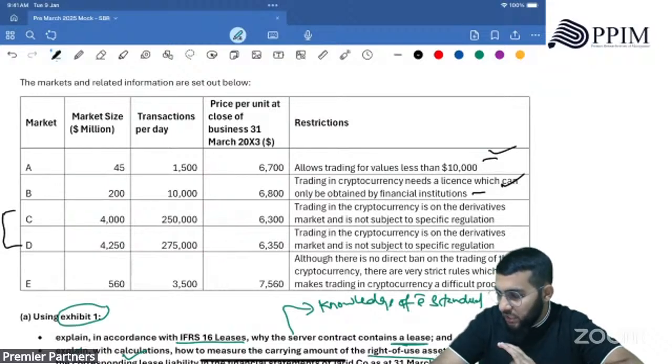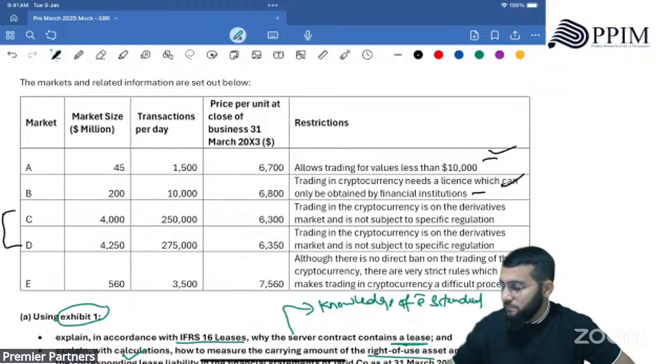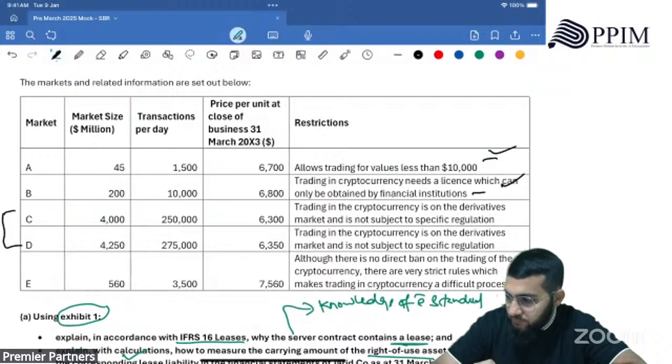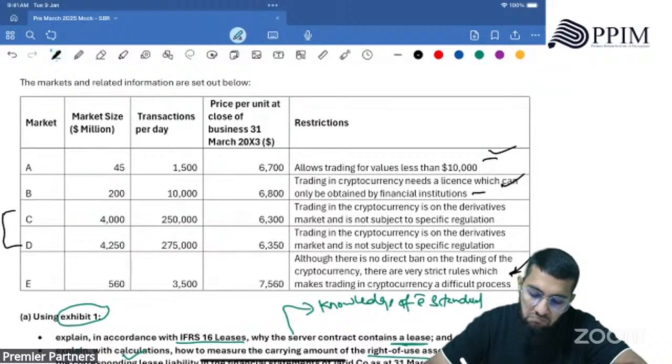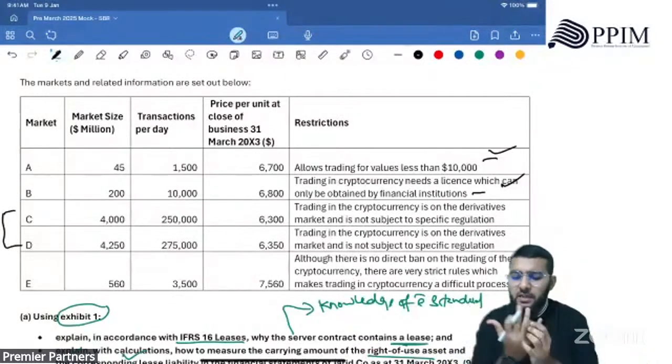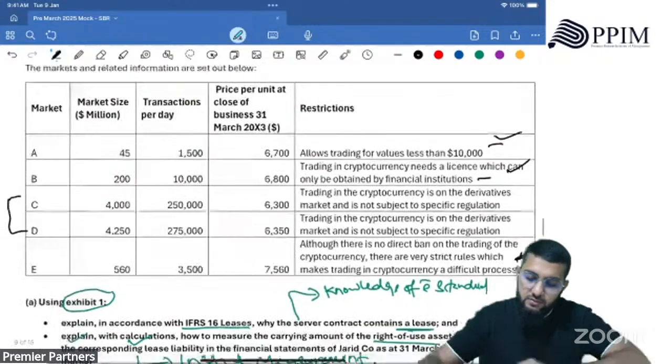So now what you have to do is look at the market with no restrictions and with the highest level of activity. Okay. Now in this case, there are two markets, C and D. 6,300 and 6,350 transactions per day is also high, and market size is very similar, right? Now in this case, identifying the principal market becomes a little difficult.